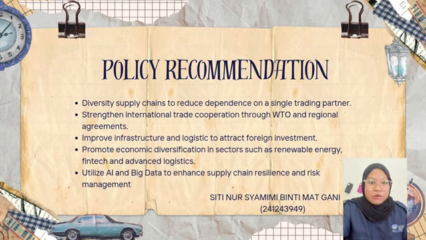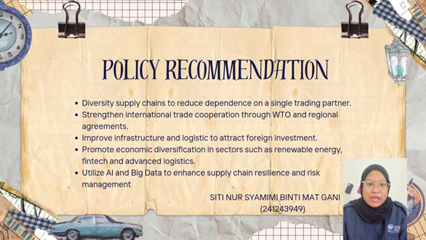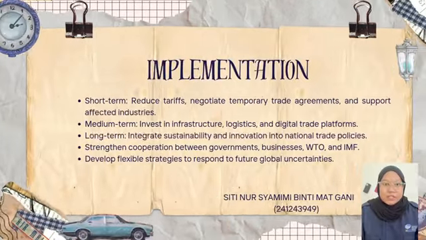For India, improving infrastructure and logistics is key to attracting foreign investment and supporting the Make in India initiative, along with expanding trade agreements. Meanwhile, the United Arab Emirates should continue diversifying into sectors like renewable energy and fintech. Globally, stronger cooperation through organizations such as the WTO, the Regional Comprehensive Economic Partnership, and the Gulf Cooperation Council is needed.